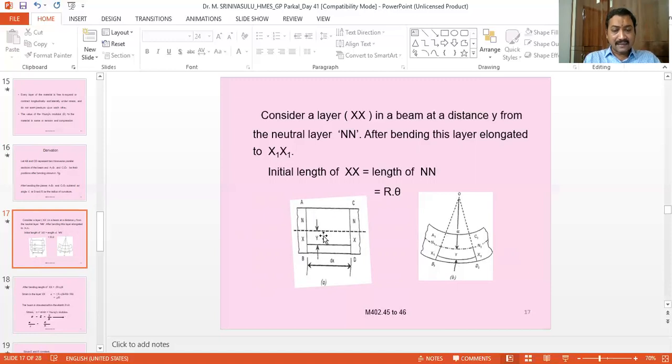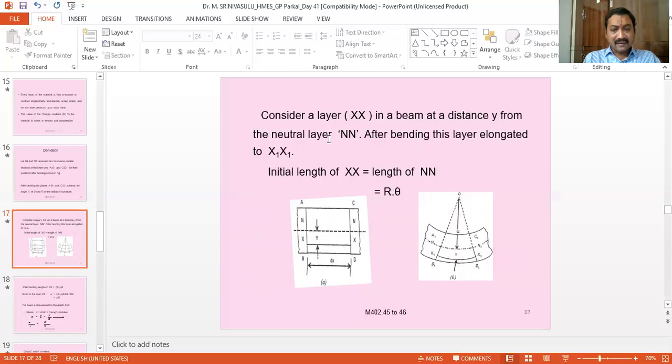So that is the distance between the neutral axis and the strip is y, and the length of the strip is equal to dx. Okay, so consider a layer XX in the beam at a distance of y from the neutral axis.